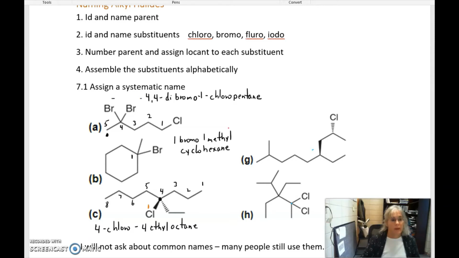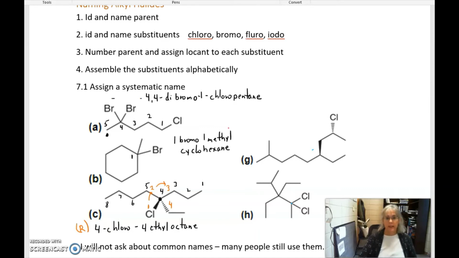And this has only 2 carbons in it, so that's going to be number 4. 1, 2, 3 on that side, 1, 2, 3, 4 on this side, so this will be 2, and this will be 3. The fourth group is facing away from us, so we can connect our 2 to 3. That looks like it's a clockwise direction, so this is going to be an R. So this is R for 4-chloro-4-ethyloctane.